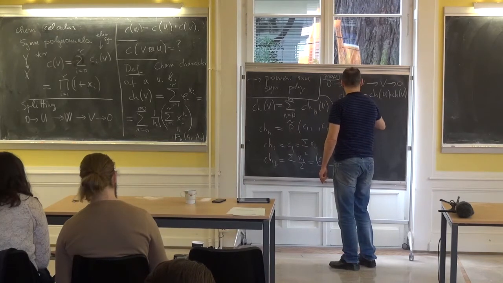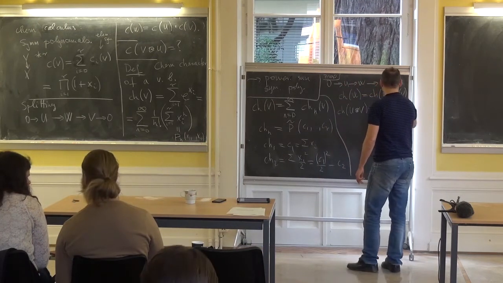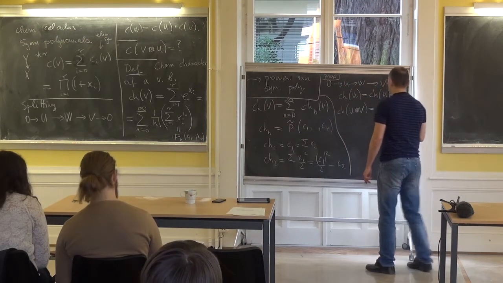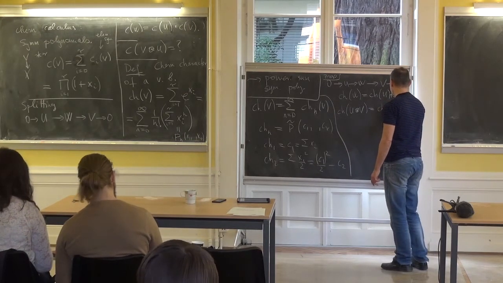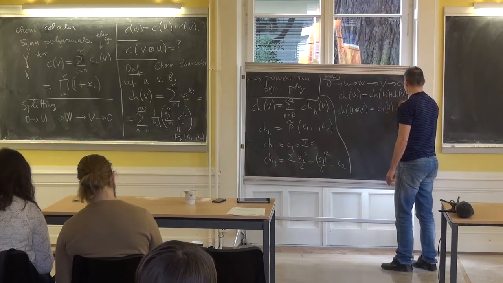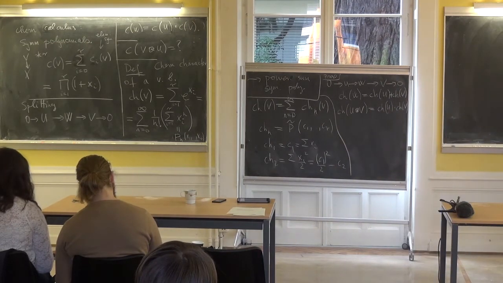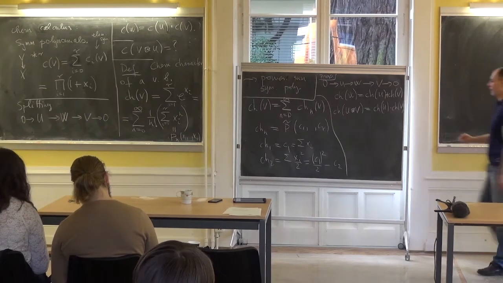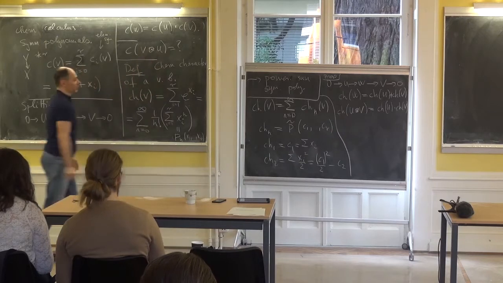If you have a tensor product, then now it's a plus, and here it's a product. So you can do both tensor products and direct sums now, which you were not able to do here, so it was much more difficult.